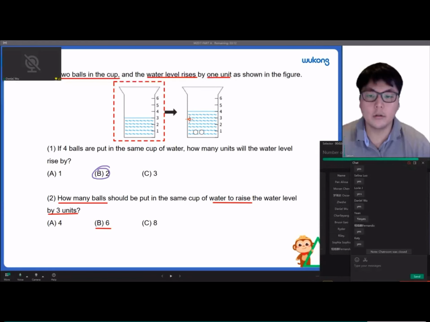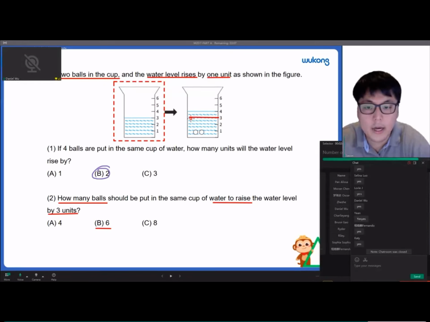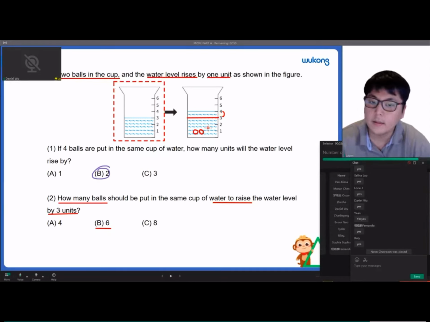Yes. So Daniel and everybody, pay attention. Every single time we add 2 balls, the water level goes up by 1 unit. Do you agree? With 2 balls inside, before it was 3, now it's 4 units, right? If we put 4 balls, the water level will go up 1 more, which will be 5. Do you agree?